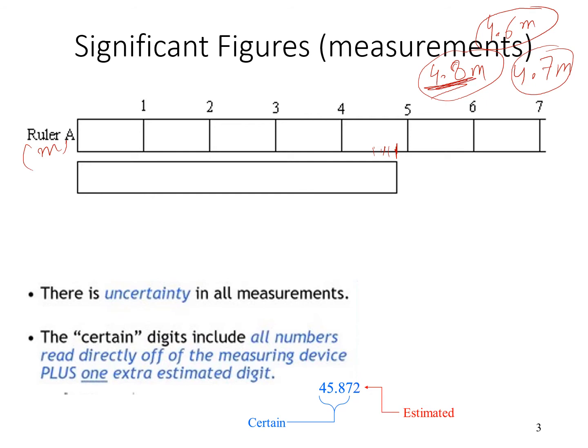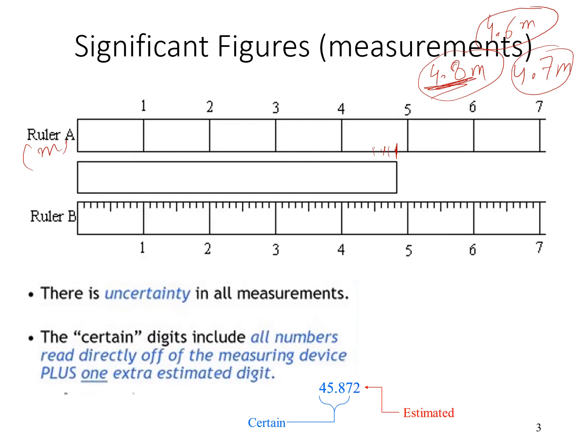Now let me switch this question and ask you, I give you this ruler now. Can you tell me the length of this particular stick using ruler B? Now you would say, wow, this ruler has more graduations, right? So I can be sure of what I'm saying. I can be more precise with my measurement. Based on this, the stick lies somewhere right in between here.